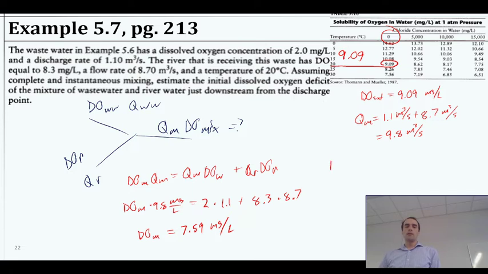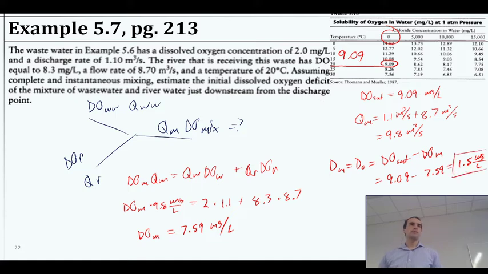The initial deficit of the mixture, D naught, is the dissolved oxygen at saturation minus the dissolved oxygen of the mixture. So that's 9.09 minus 7.59, which gives us a 1.5 milligrams per liter deficit. Okay.